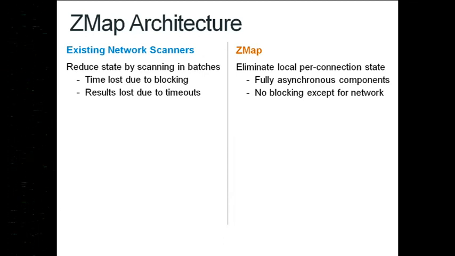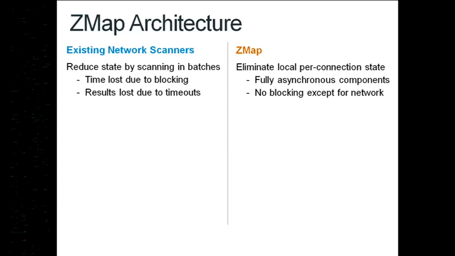It has timeouts for each of those connections. It uses batching in order to do rate limiting and avoid oversaturating the network. We can't do any of these things really efficiently, because in order to scan at even 1 gigabit per second line speed, you have to send about 1.5 million packets per second. So managing state for that many connections is not something that we felt was a good idea.